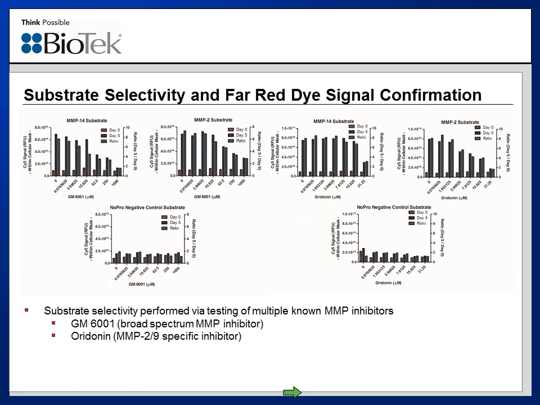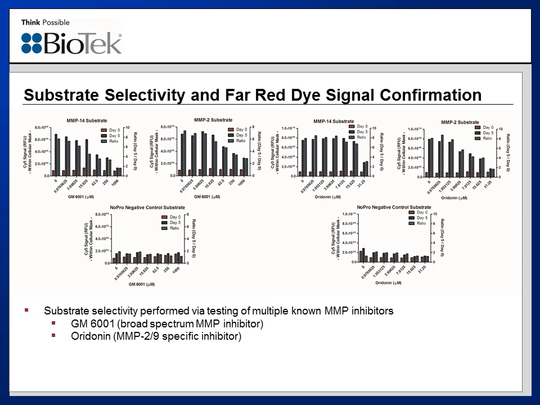The last step in the project was to confirm that we were seeing selective cleavage of the added substrate and subsequent signal generation from the target MMP. Here we incorporated selective substrates for MMP14 and MMP2, as well as the NoPro substrate, which is cleaved by a yeast protease and which is not expressed in mammalian cells, which obviously made it an ideal negative control substrate to use in this case.